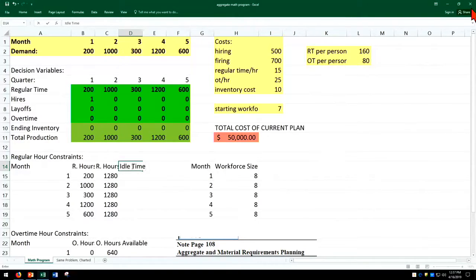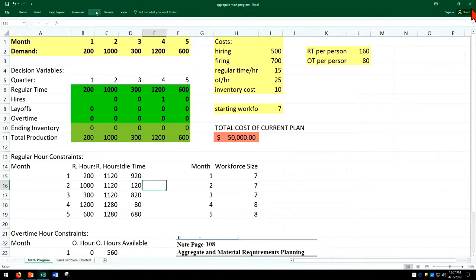I'm just going to create a column, idle time, which is just what was available minus what actually got used. I'm seeing that if I hire this person right away, there's over 1,000 hours of idle time in the first month alone. Solver was sort of smart about it and didn't hire them until the 4th month, but there's still a substantial amount of idle time.